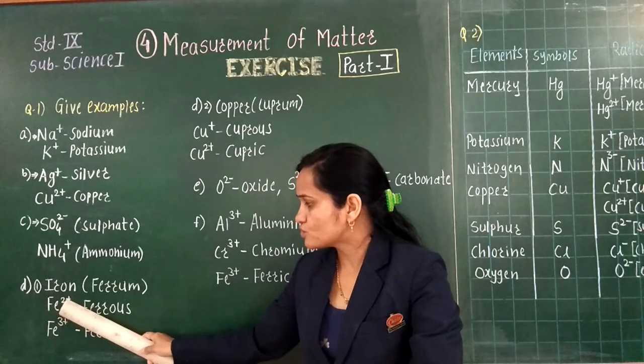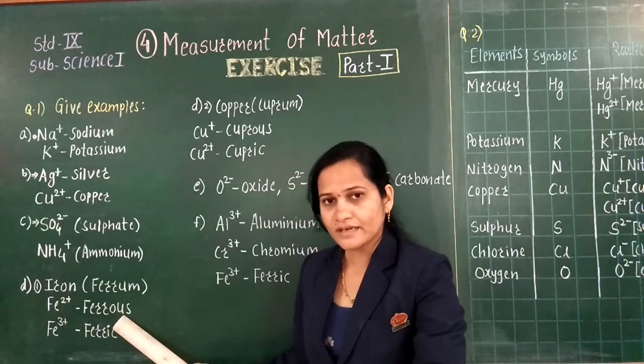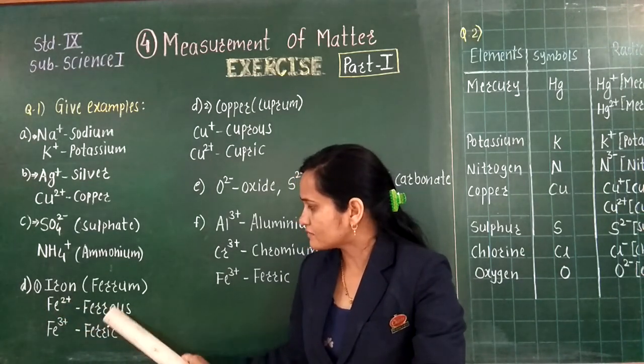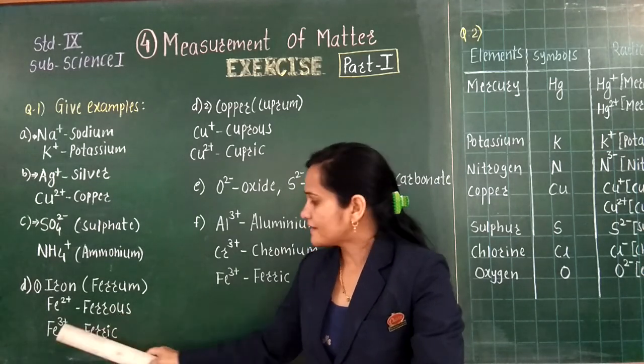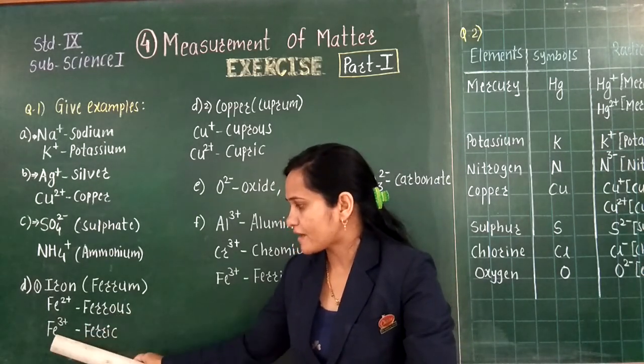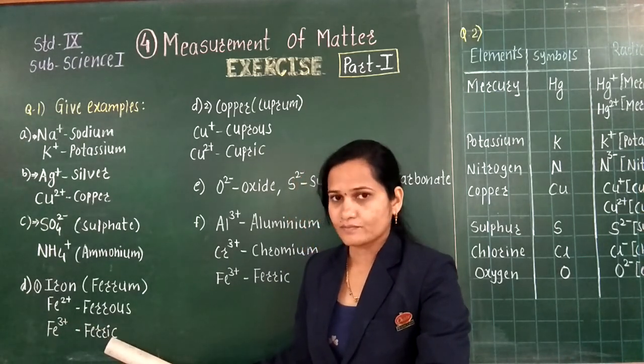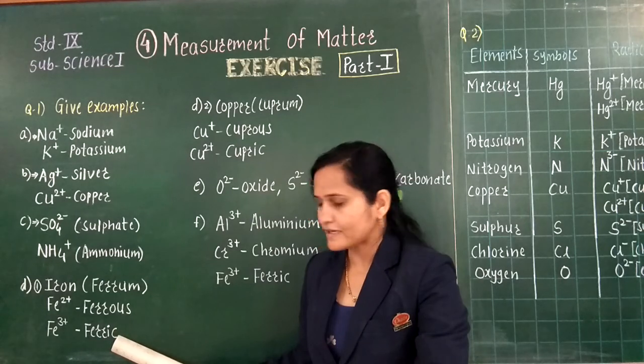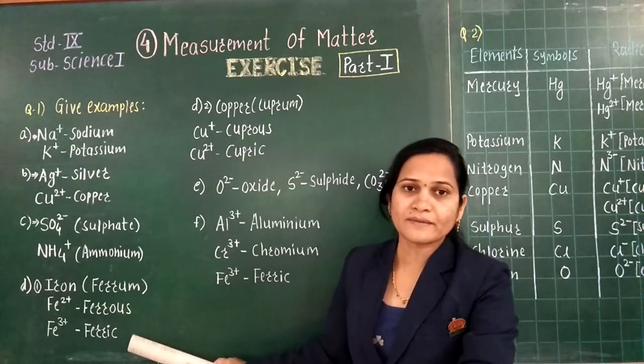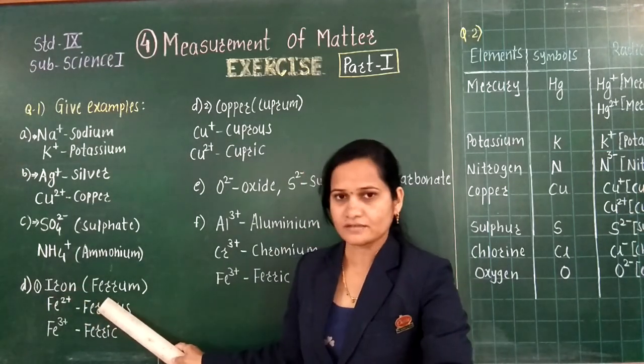If the valency is 2, the name of that iron is ferrous. And if the valency is 3, Fe3 plus, the name is ferric. So ferrous and ferric are the two variable valencies of iron.